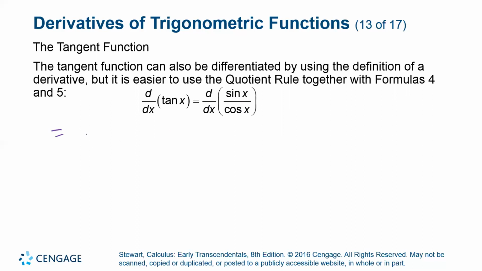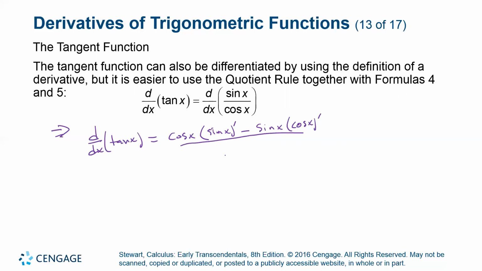The derivative of the tangent function is equal to: keep the bottom, and differentiate sine, minus, now keep sine and differentiate cosine, and then divided by the square of the cosine function.